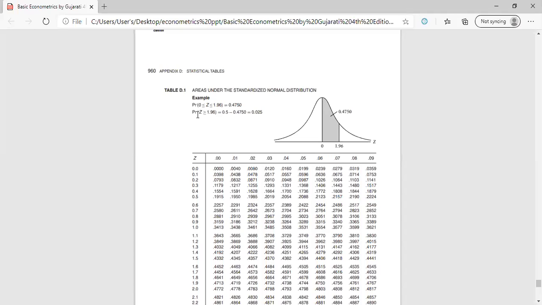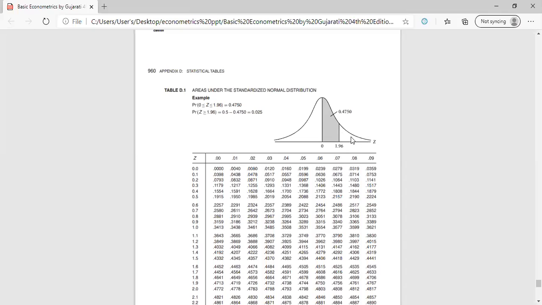What is the probability that Z is bigger than 1.96? This area, okay? Here, you are going from this side to that side. The value of Z is increasing. So Z greater than 1.96 is this area.